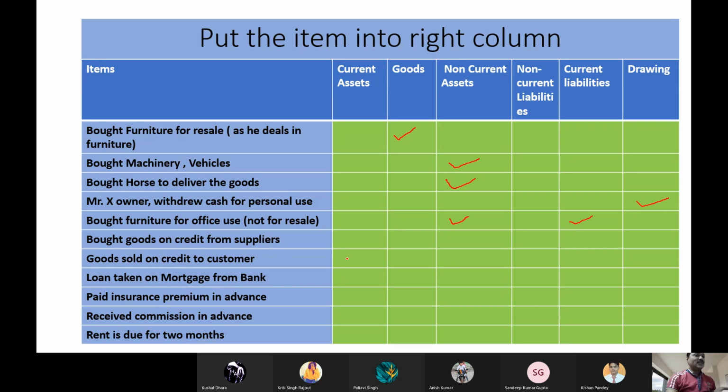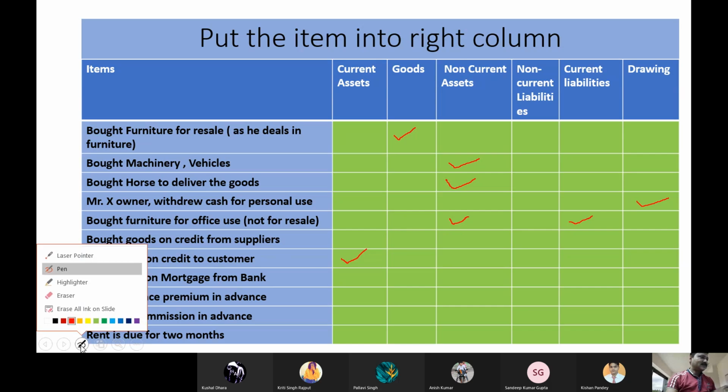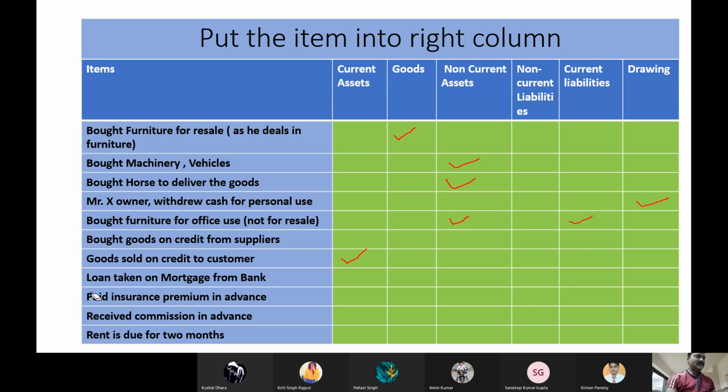So debtors can be collected within a year's time. I think the creditors have been written by mistake in the column bought furniture for resale. I just have to correct it. Okay. So debtor is current assets.